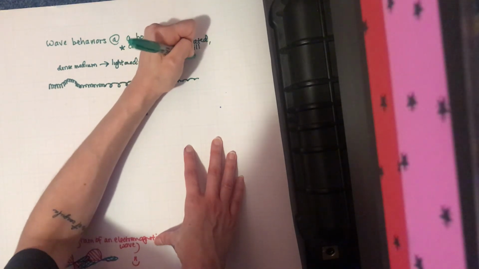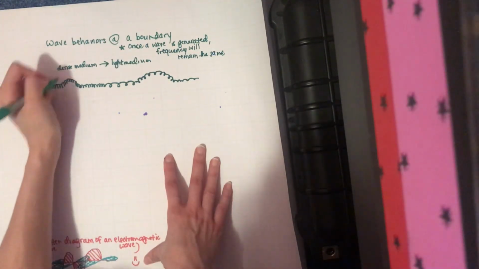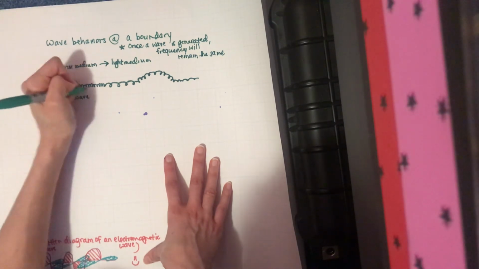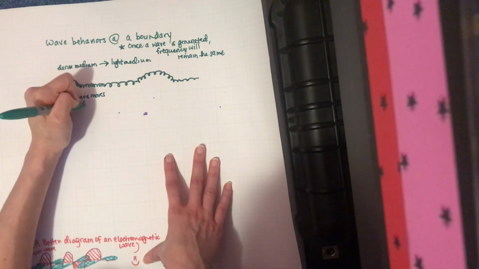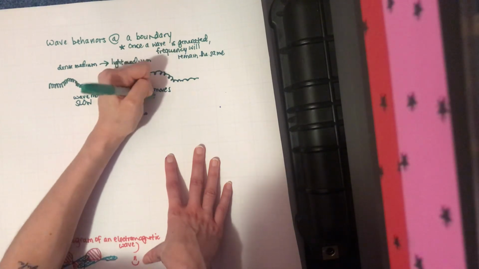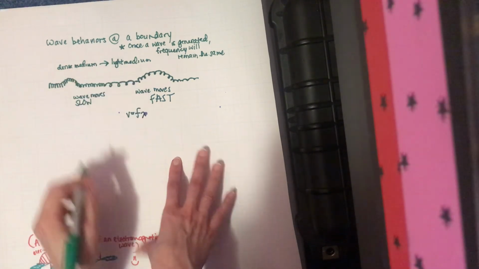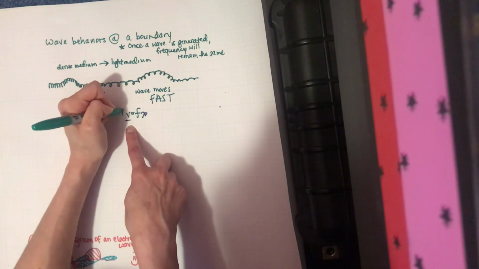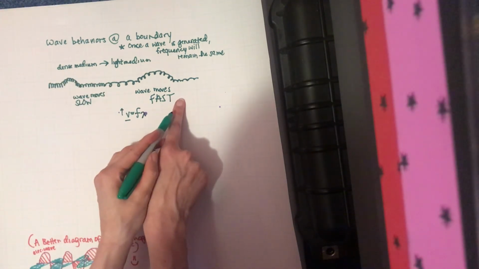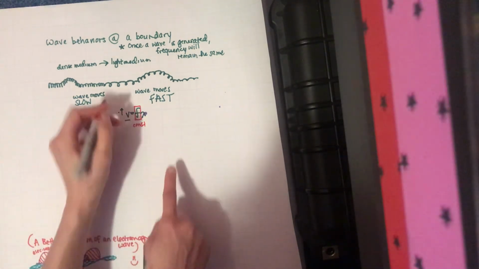Well, if the frequency is going to remain the same, and if I tell you that in a dense medium the wave moves slower, and in the light medium the wave moves faster, then just based on the formula I gave you, V equals F lambda, if the speed has increased in the light medium and frequency remains constant, then what's going to happen to the wavelength in the light medium? Well, it must increase also, which I showed in this diagram.